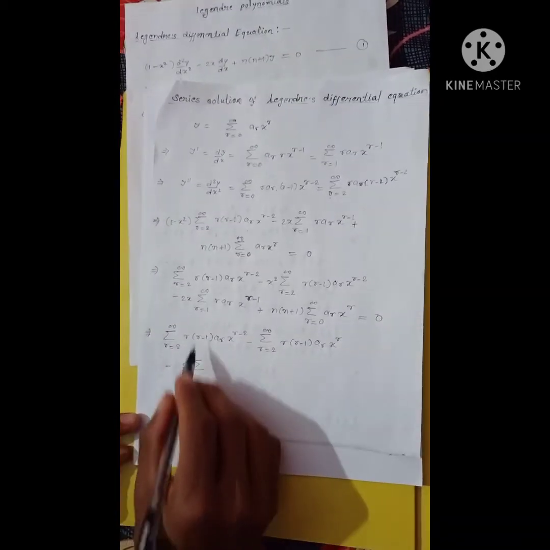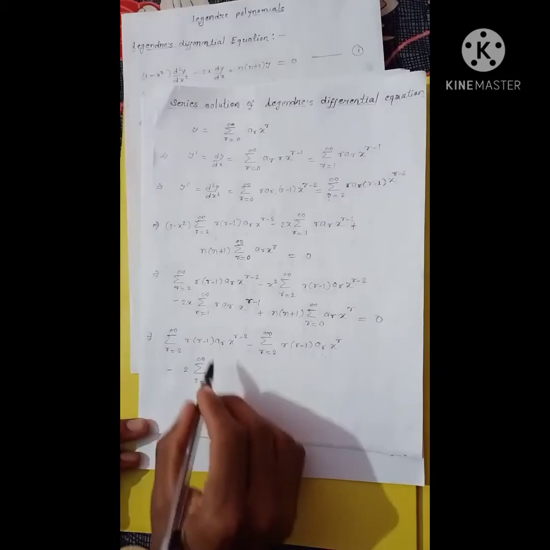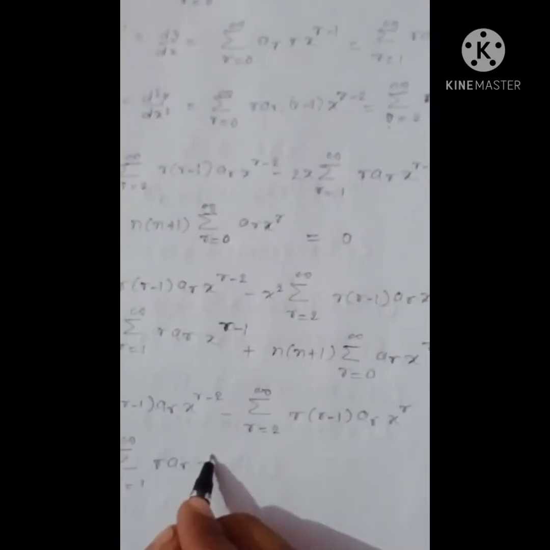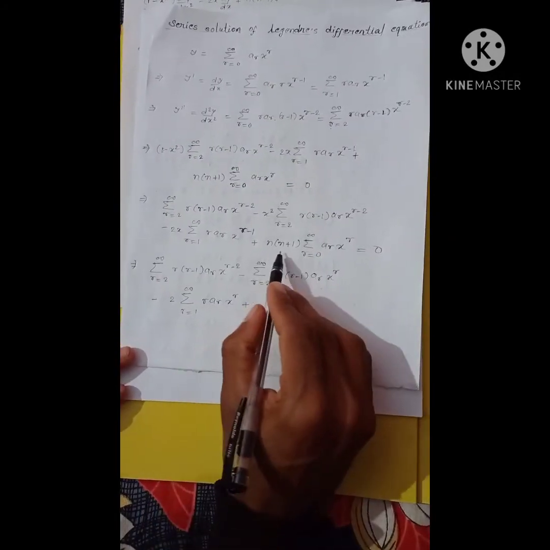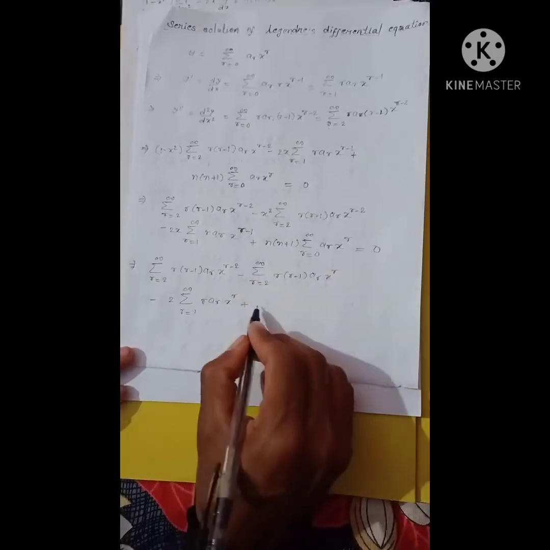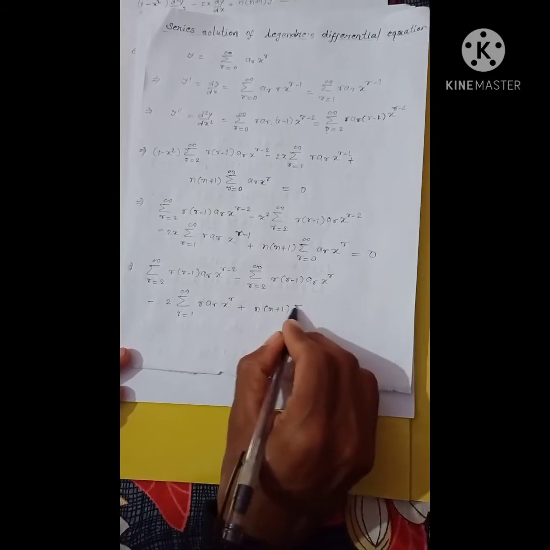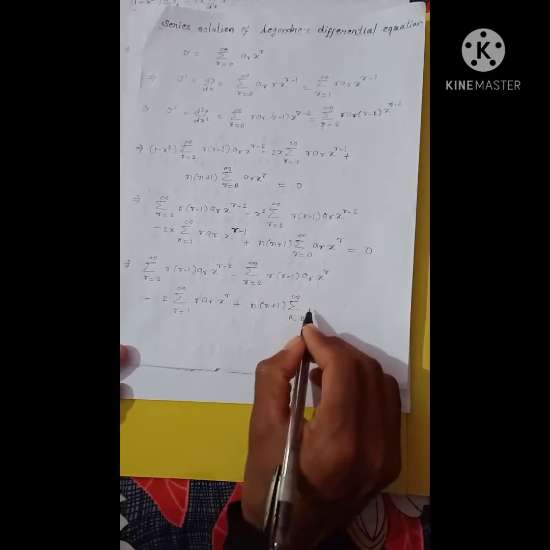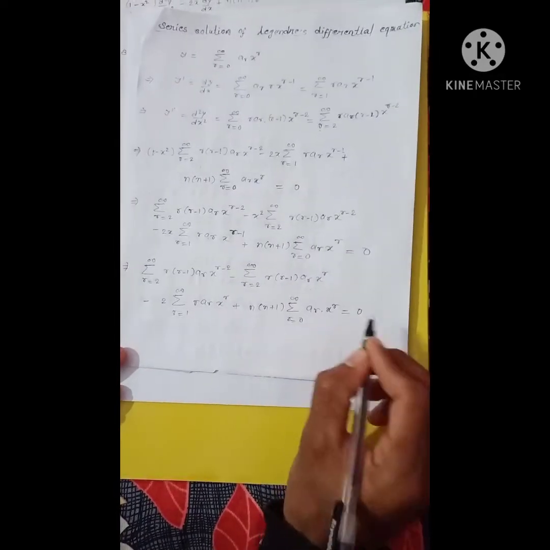So minus 2 summation r equal to 1 to infinity r ar into x to the power r, and plus this term is as it is. So n into n plus 1 summation r equal to 0 to infinity ar into x to the power r is equal to 0.